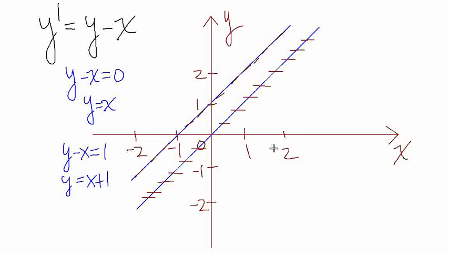So 2, 0 is going to have a slope of minus 2, and 0, 2 is going to have a slope of positive 2, and 1, 0 is going to have a slope of minus 1. 0, minus 1 is going to have a slope of minus 1. 0, minus 2 is going to have a slope of minus 2.